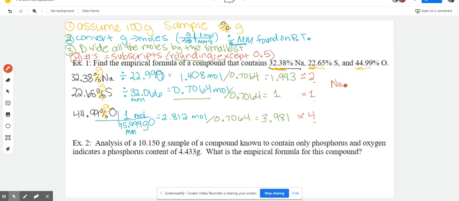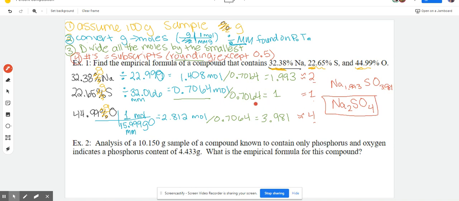So we don't put Na 1.993, S, and then O 3.981. That's just strange. That's why we're rounding these to whole numbers, because we're dealing with mole ratios, and a mole ratio is a whole number relationship here. So it's Na2SO4. And that's actually the final empirical formula.